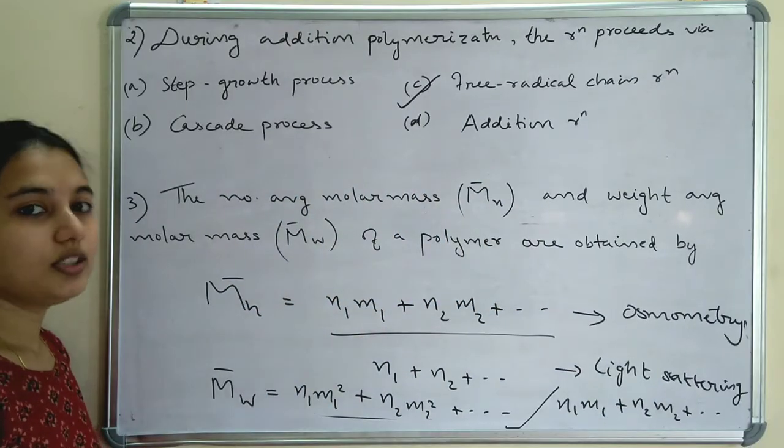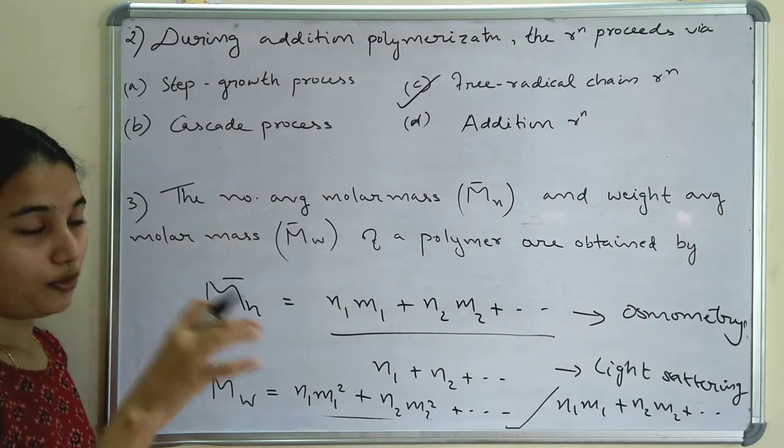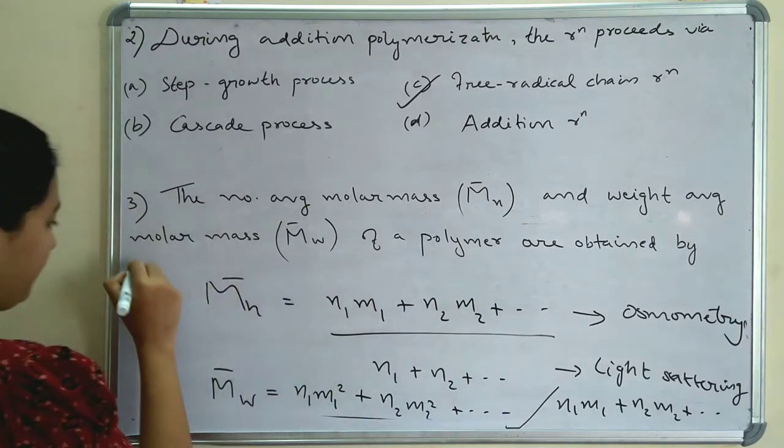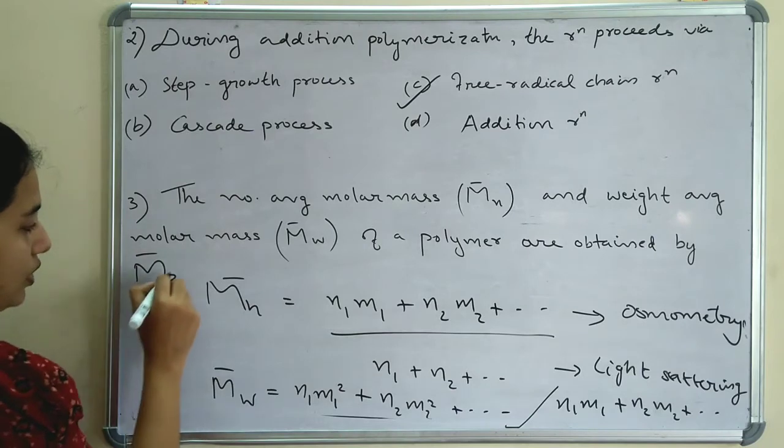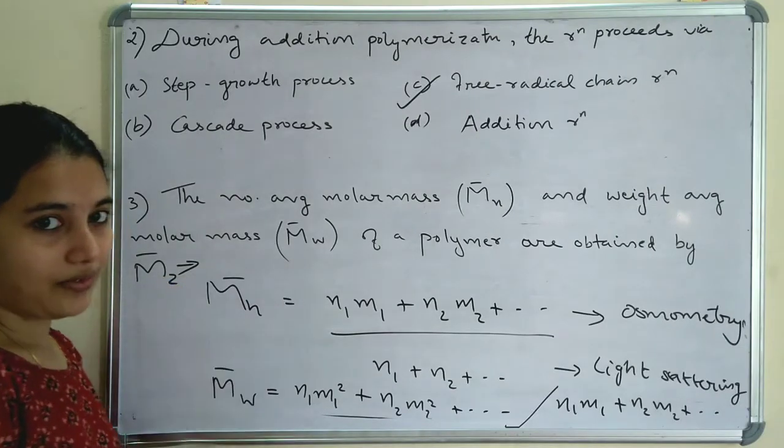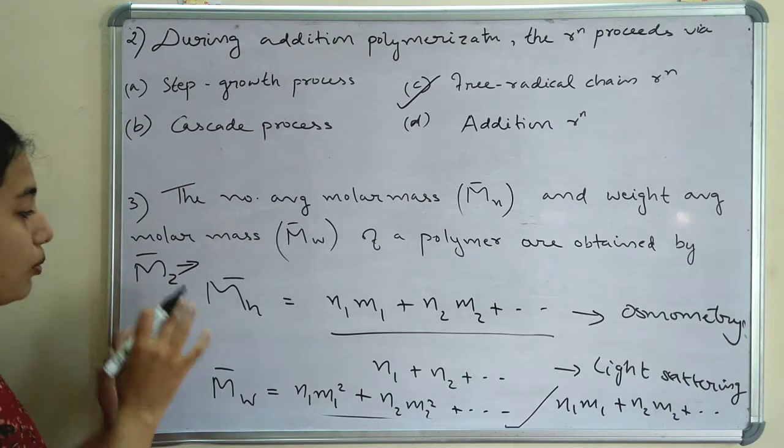So there is another formula, M bar z. M bar z is Z average molar mass determination.